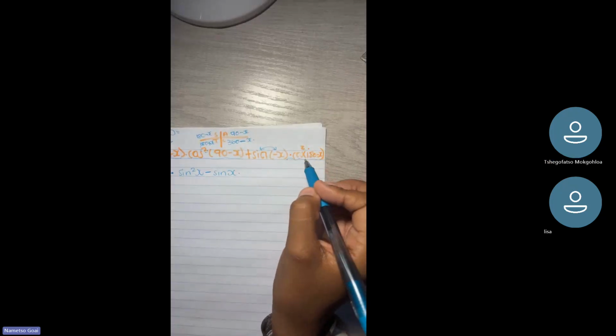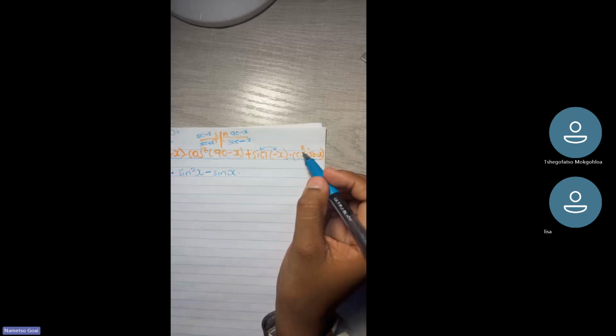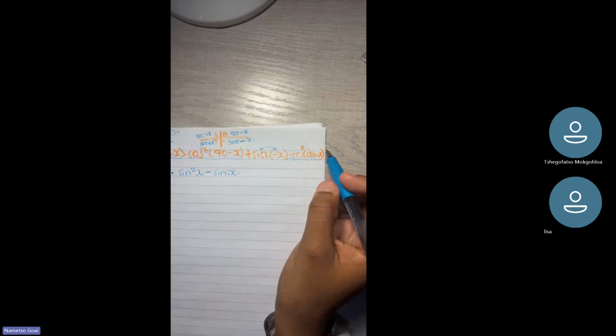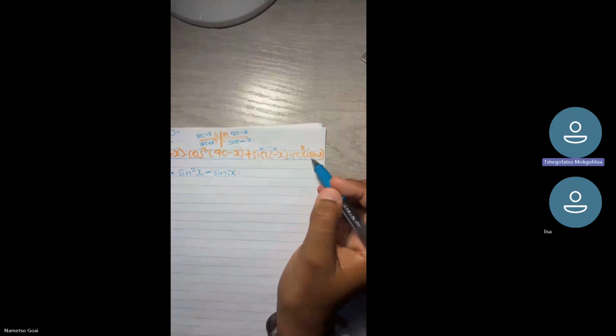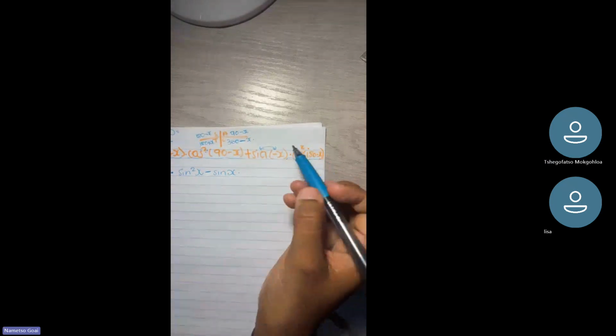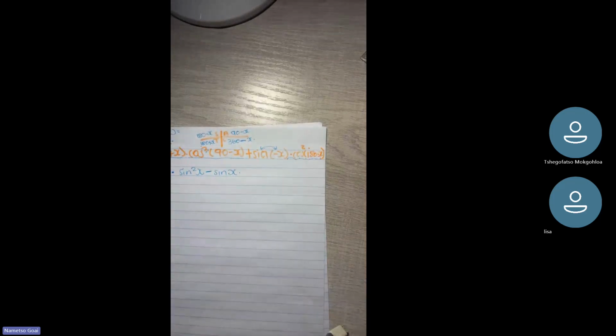Now let's look at the last term. We have cos squared of 180 minus x. So we have to look at the behavior of cos in the 180 minus x quadrant, right? Yes, ma'am. So at the 180 quadrant, where is it? It's this one. Is cos positive or negative at the 180 minus quadrant?